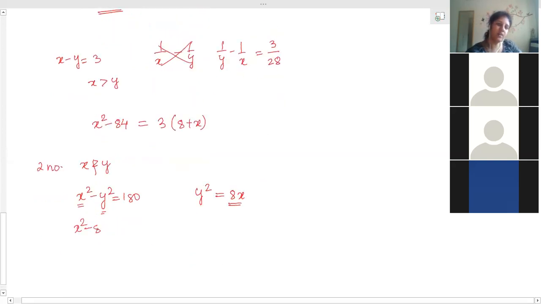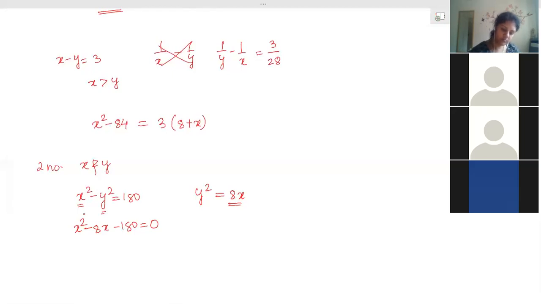So x square minus 8x minus 180 is equal to 0. Is it clear? Any other doubts anyone has?